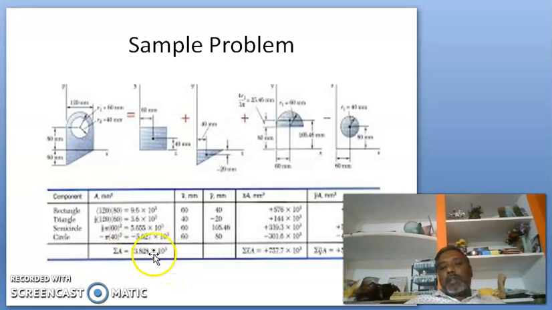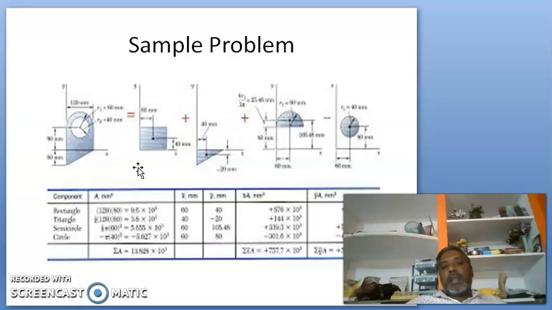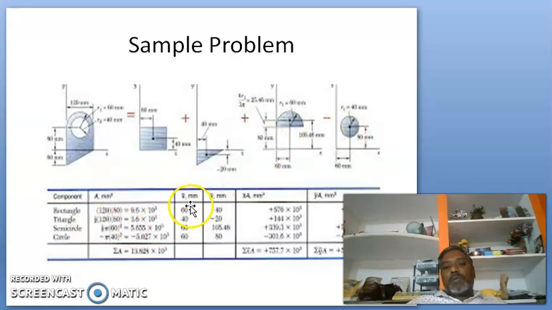of this entire area. Also we have to find x1, x2, x3 and x4, and y1, y2, y3 and y4, which we have obtained separately with respect to these axes.